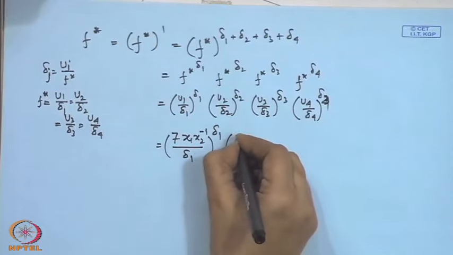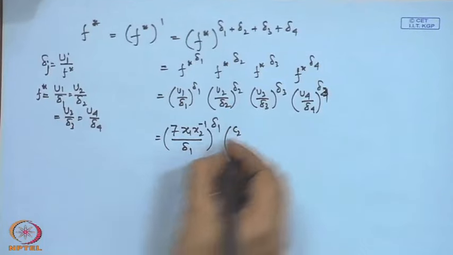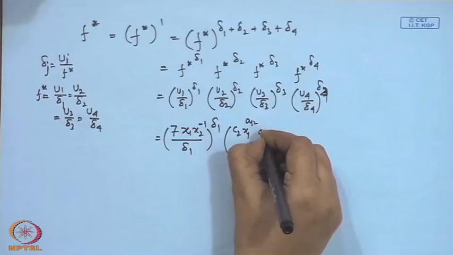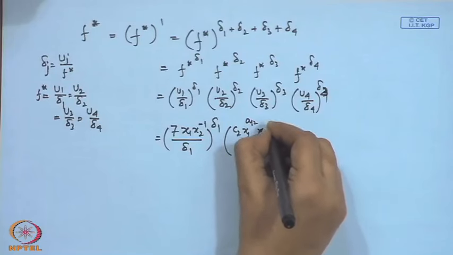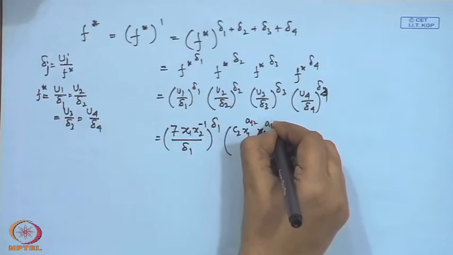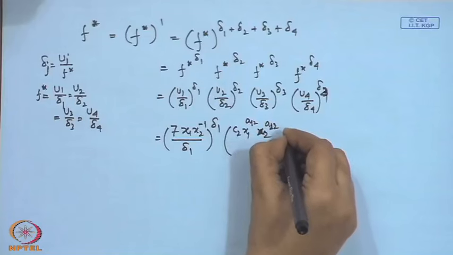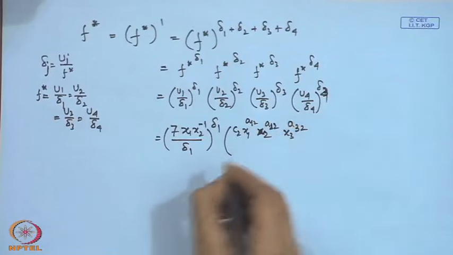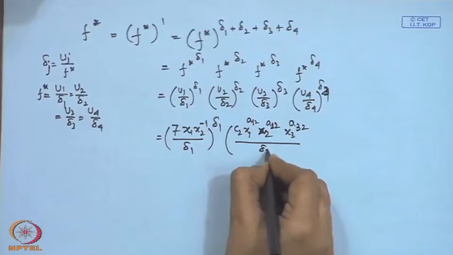Similarly, u2, let me write down in general form: c2 x1 to the power a12, x2 to the power a22, x3 to the power a32, divided by delta 2.